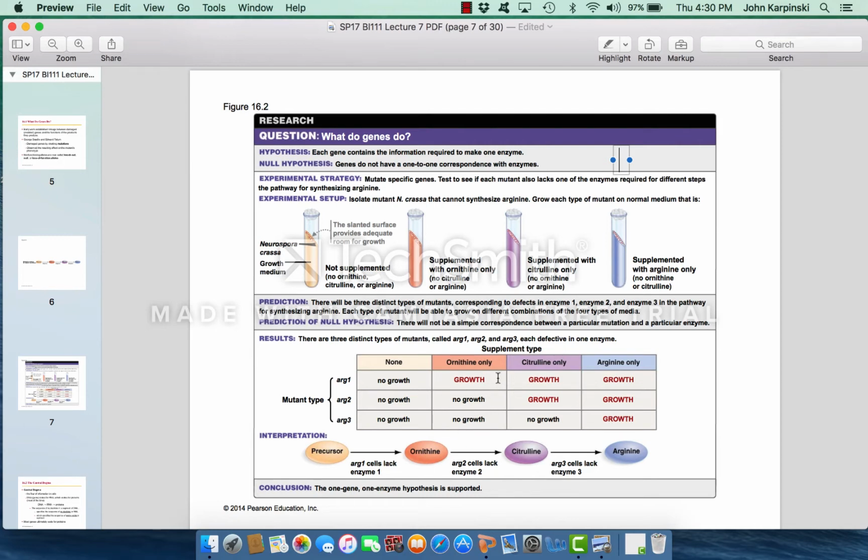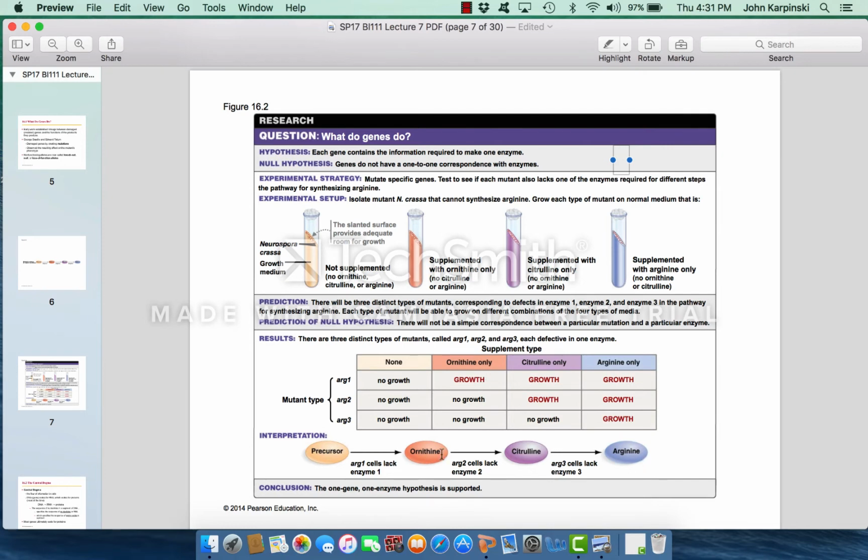What the 2 scientists concluded was that if growth or arginine production worked here, that must have meant that these two enzymes were functional. Since we had ornithine present, the enzyme that gets us from ornithine to citrulline was working. And the enzyme that gets us from citrulline to arginine must have also been working, otherwise we wouldn't have had any arginine production.